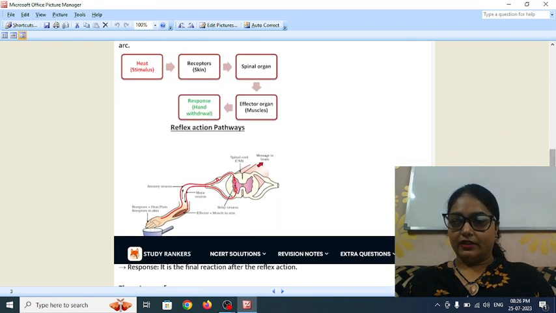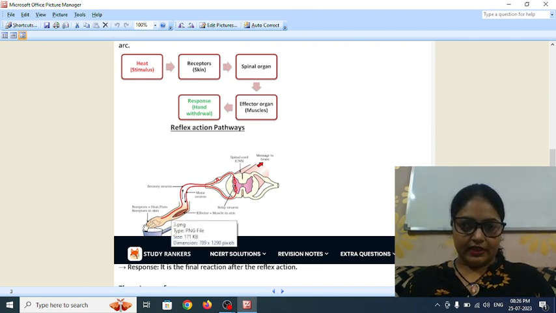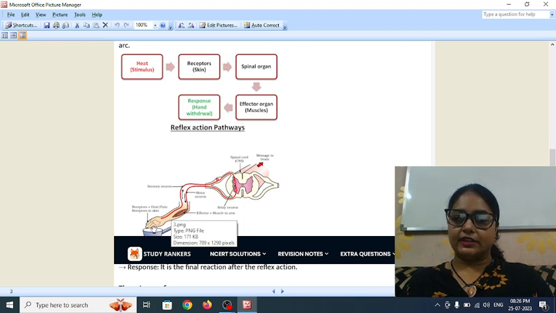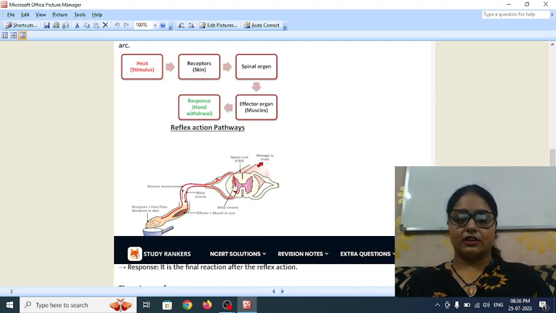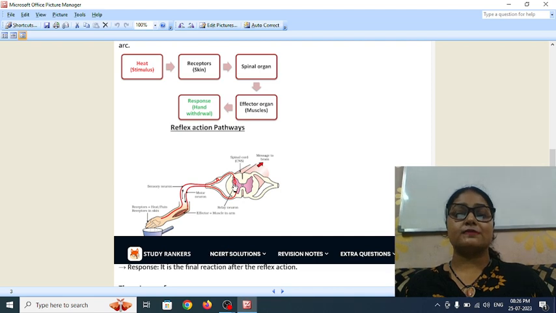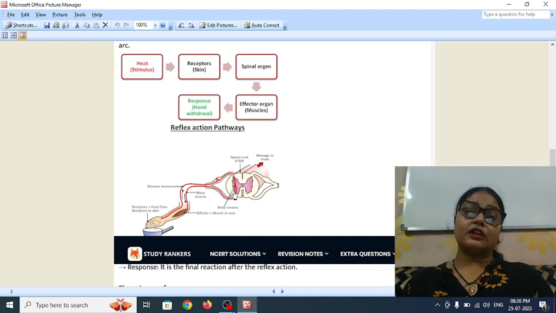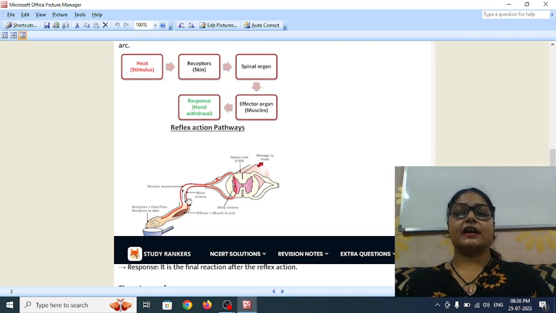Now with the help of this diagram, we have to observe it carefully. Here we are feeling hot when we are touching the utensil. With the help of the neuron cell, our signal is passed to the spinal cord. Now the spinal cord sends the signal back to the hand, and we take our hand back.